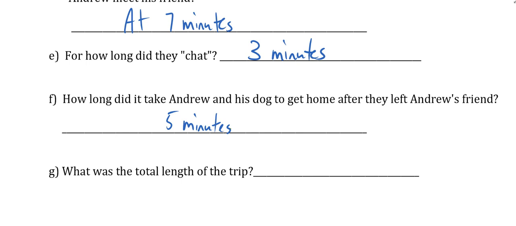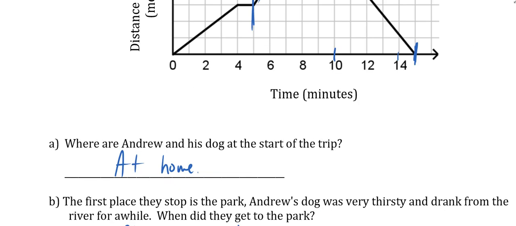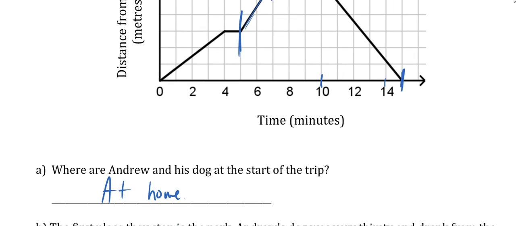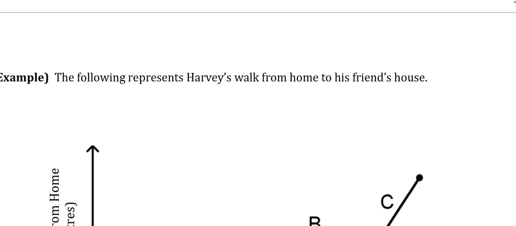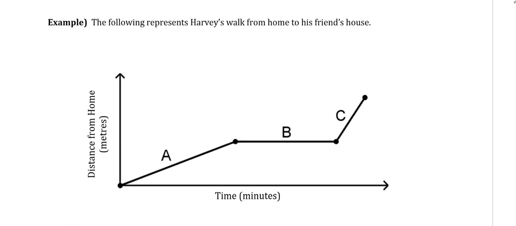What was the total length of the trip? Marley, how'd you get that? So this is where we're looking for the entire trip from start to finish. And it was 15 minutes to get all the way to the end. Nice. All right, I think we have one more activity here to do together.